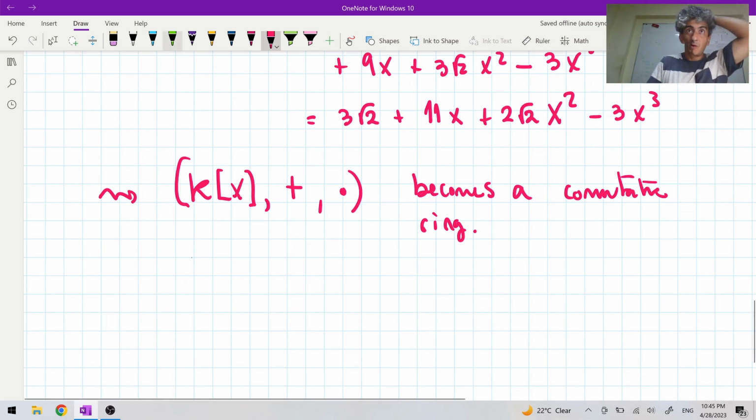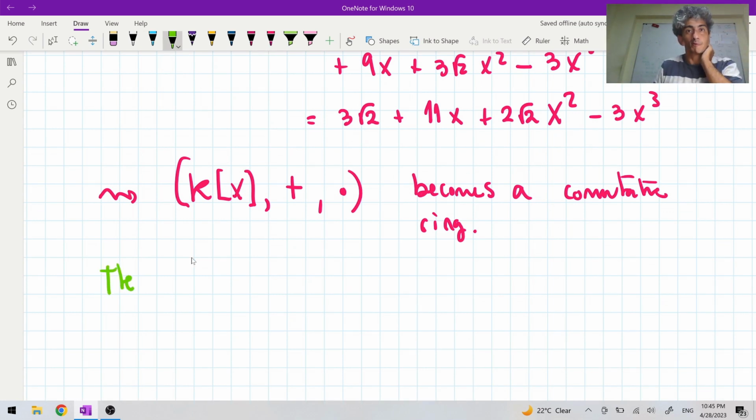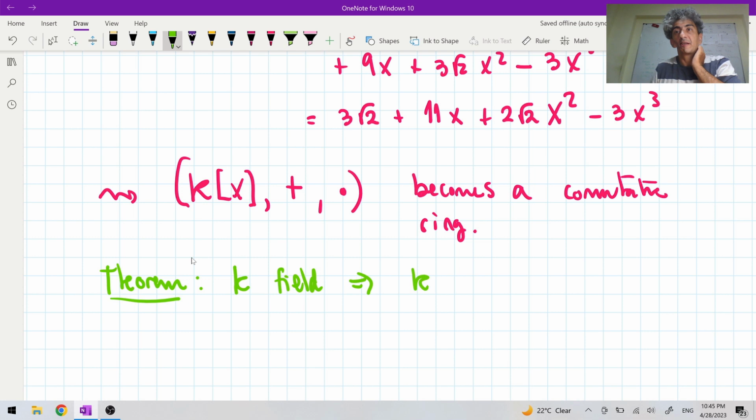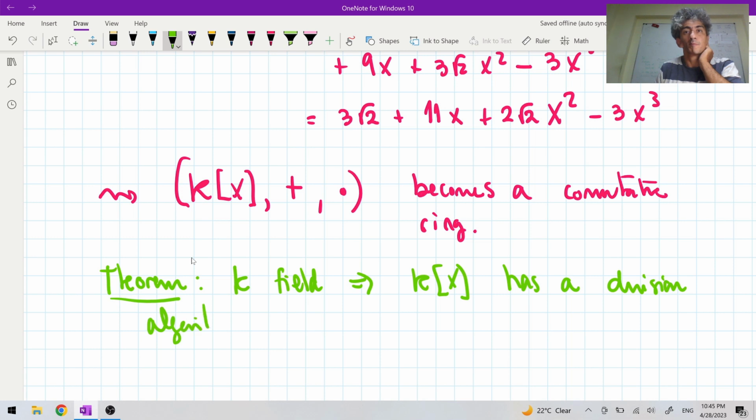We have a theorem which we're going to state: K a field implies that K of x has a division algorithm, usually called the Euclidean division algorithm.